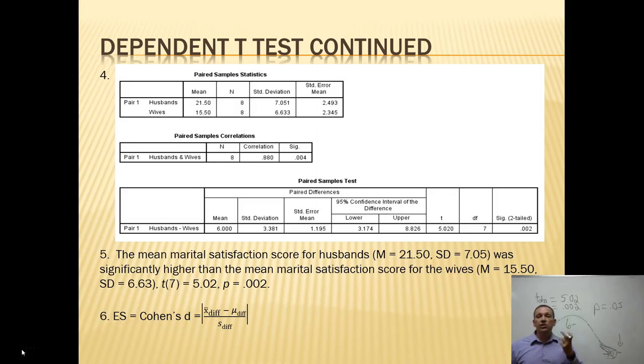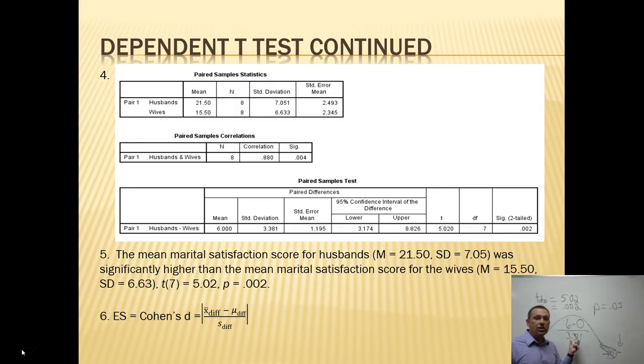This is the assumed mu difference, which in most cases, the null is 0. So it's going to be 6 minus 0 over the standard deviation of the difference, which, again, look at that bottom box. In the second column over is standard deviation. That's the standard deviation of the difference, and that's 3.381.